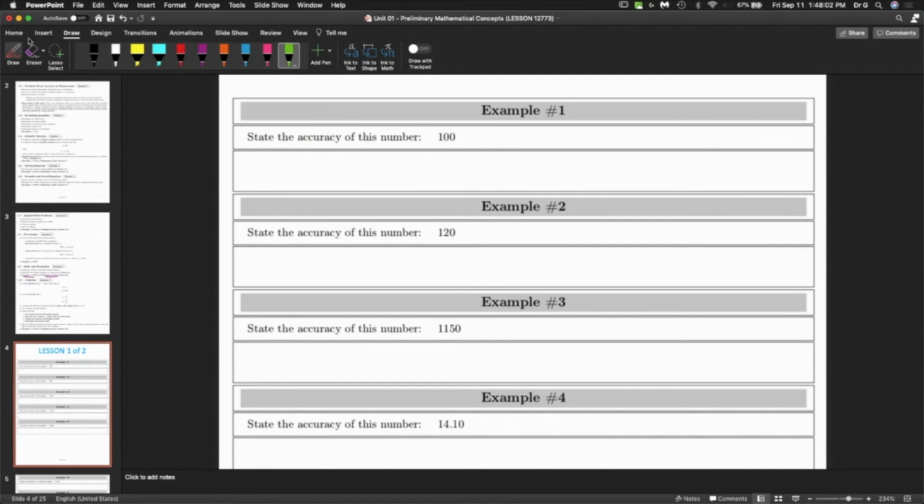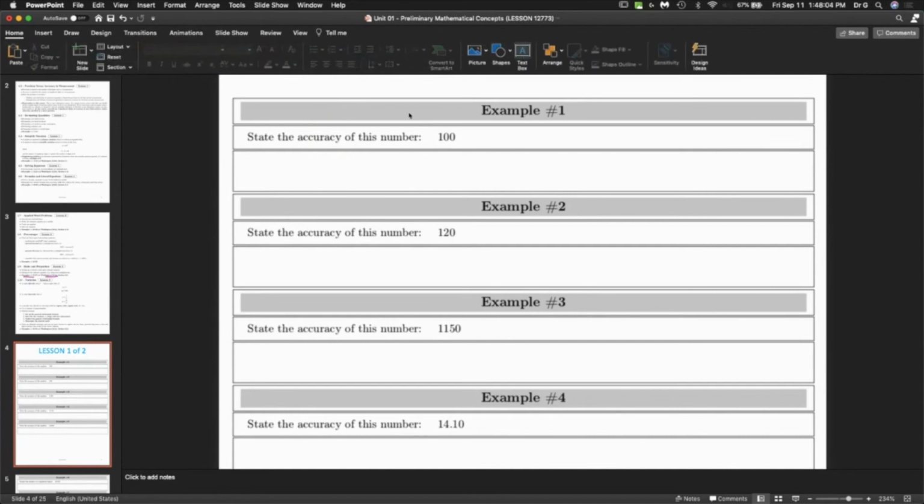So let's get to business here. State the accuracy of this number. I'm going to write a little template here: it is accurate to blank. That's how you're going to answer this type of question. I don't care if you use a sentence, because on the MyLab you just have to tell the number.